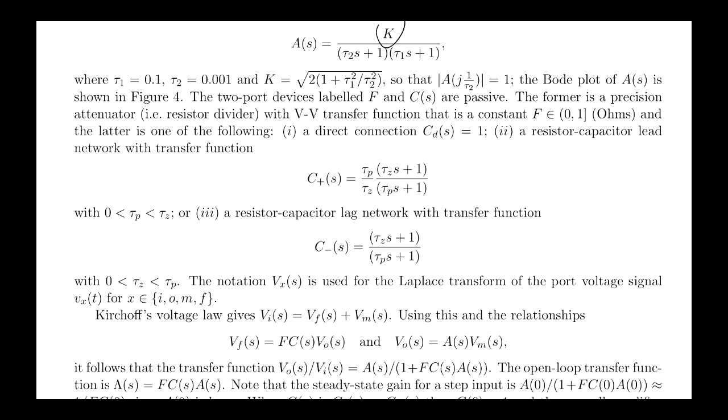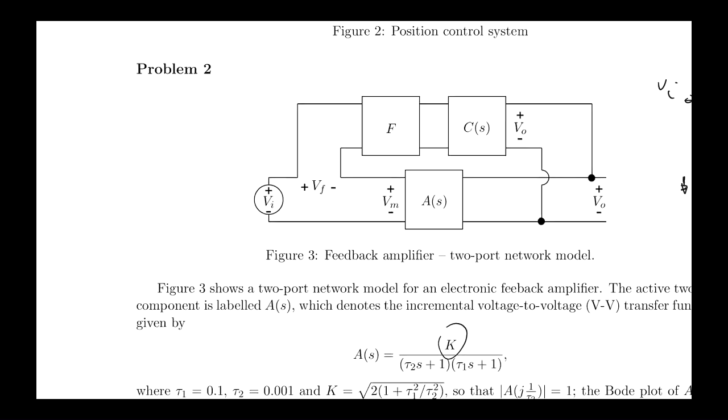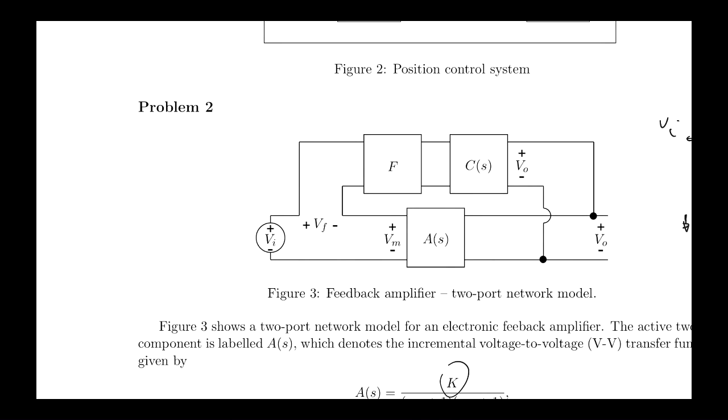So in terms of a block diagram, what we're dealing with here, just by writing down the equations, we're saying, well, Kirchhoff's voltage law around here says that I have VI minus VF gives me VM. That goes into a box that has a transfer function A(s), that's the op amp, to give me V out. And then that's being fed back through a box that gives a relationship between VF and VO.